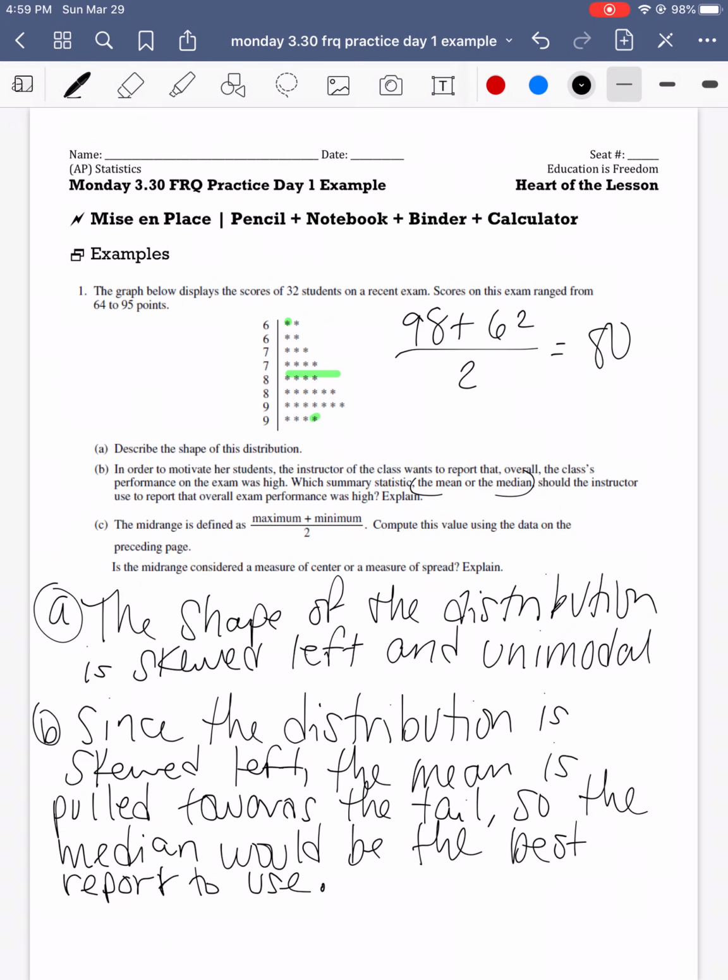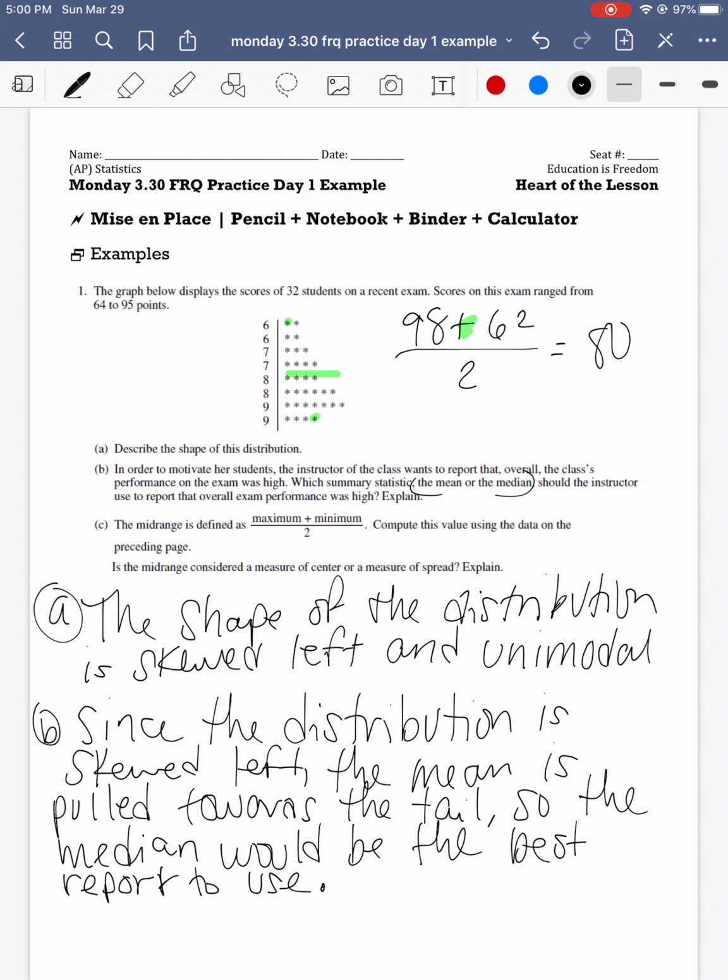But here, if I add these two together, I'm not subtracting the minimum and the maximum. I'm adding them together, and then I'm dividing by 2. So that makes me think when I divide numbers, I'm really getting a sort of average here, a mean, and we know that that is a measure of center.